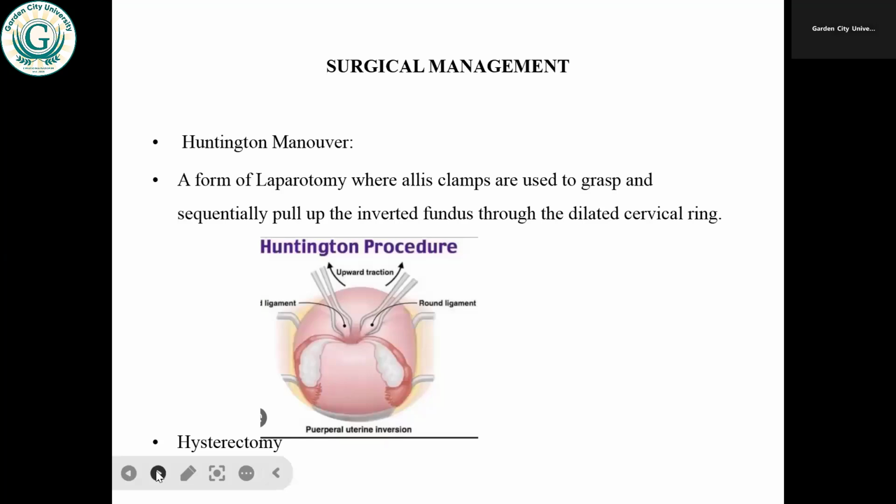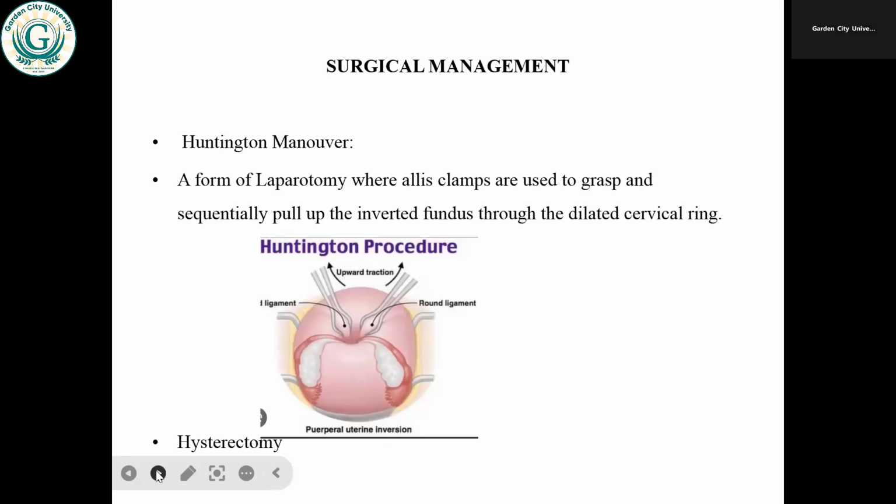So here, the surgeon will make an incision through the abdomen to gain access to the pelvic cavity. And then with the use of Allis forceps, we know that on top of the uterus are the round ligaments. So as they incise and get into the pelvic cavity, they will get to know the indentation of the uterus.